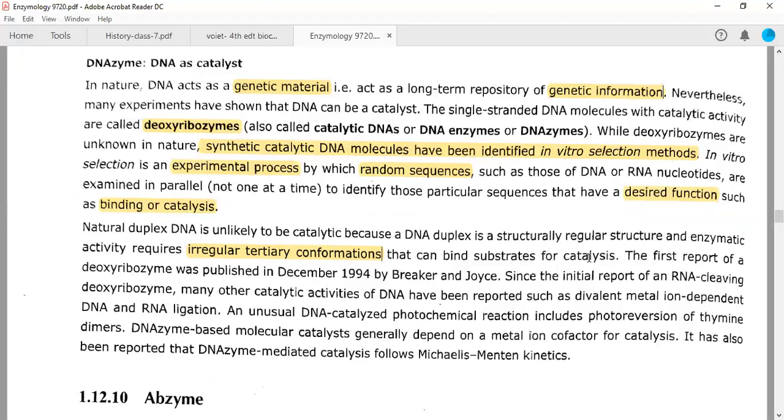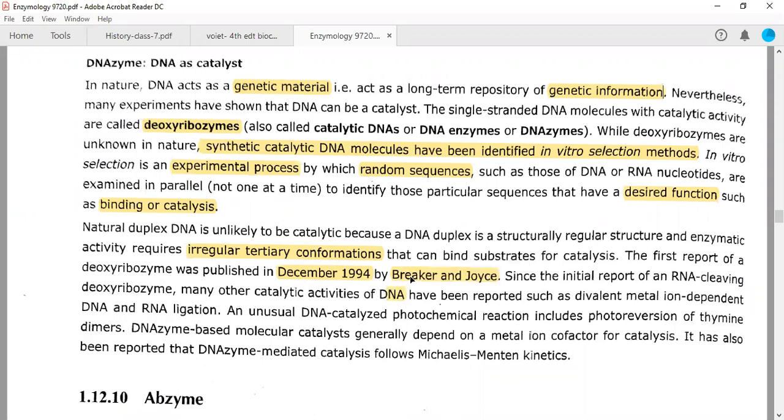That can bind to substrate for catalysis. So the first report about DNA as an enzyme was published in 1994. I think most of you were not born at that time. Okay, so December 1994, the first report came to our knowledge that DNA can work like an enzyme. These two scientists, Breaker and Joyce, gave this particular publication. Since the initial reports of RNA-cleaving deoxyribozymes, many other catalytic activities of DNA have been found.